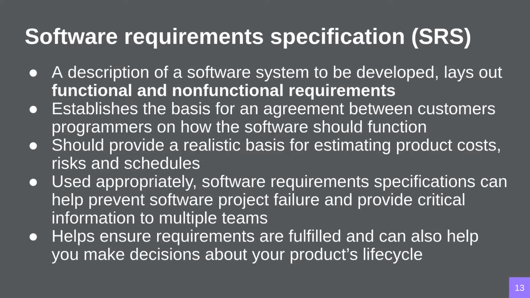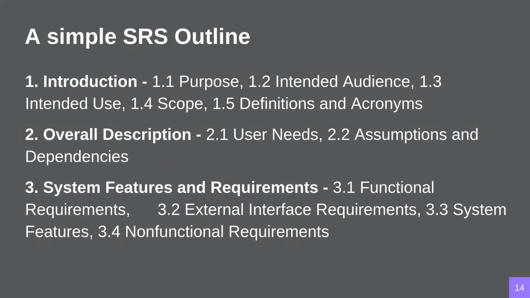So you want to have a written agreement of what actually is required so that you can deliver exactly that and not something else that they've come up with later on. It also helps ensure that these requirements are fulfilled on behalf of the customer as well, not just for yourself.